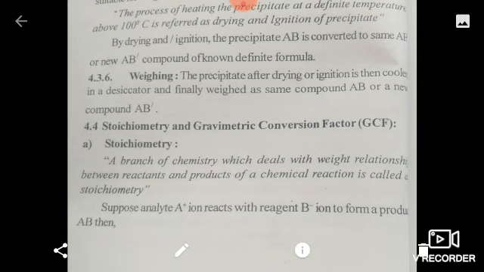So we have to dry or heat or ignite the compound above 100 degrees Celsius, which is known as drying or ignition of the precipitate. By drying and ignition, the precipitate AB is converted to the same formula or a new compound, AB dash, with a known definite formula.